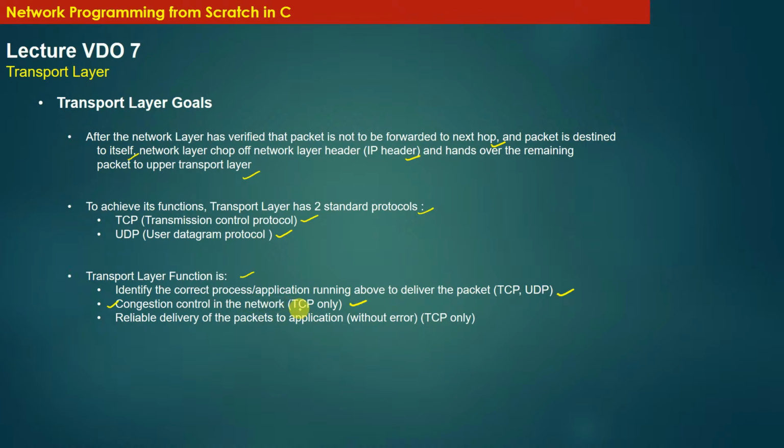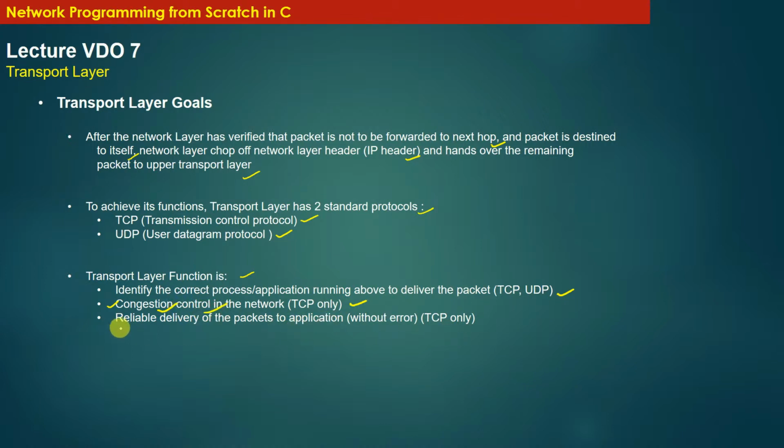That is, whenever the source machine and the destination machine are communicating and there is a lot of traffic on the network, and the network gets overwhelmed or is busy or the resources on the network are depleting, that state of the network is called congestion. The TCP protocol is complex enough that it also encompasses within itself the mechanism of congestion control.